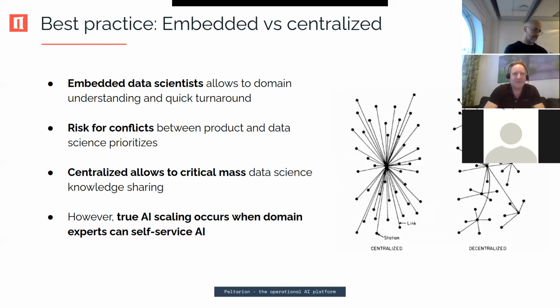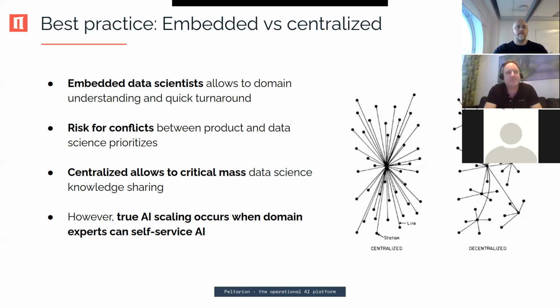But there are also a lot of pros, when you have a much faster turnaround time and a better understanding of the domain and the product you're building if you have data scientists embedded in the team. I would still argue that the best way to start, if you have basically no data science team at all, is that you need at least some kind of critical mass, a set of people that can help each other to get started and do knowledge sharing, and quickly grow the knowledge that you need to understand how to work with AI.